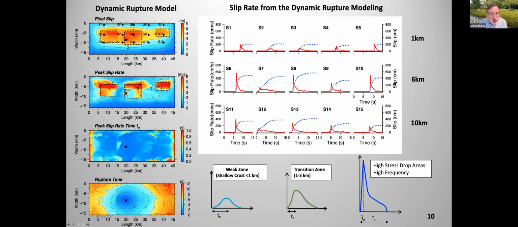But we also observe that the peak slip rate gets higher not exactly in the area where we have the largest slip, but usually at the boundaries. The area where we expect to have high peak slip rate, which also generates the highest energy in the high frequency range, is smaller than what we get from the slip distribution.